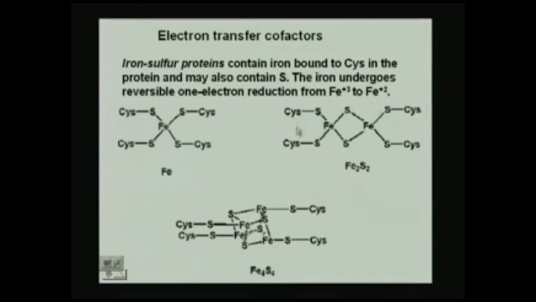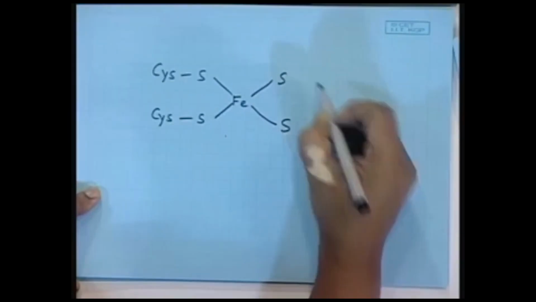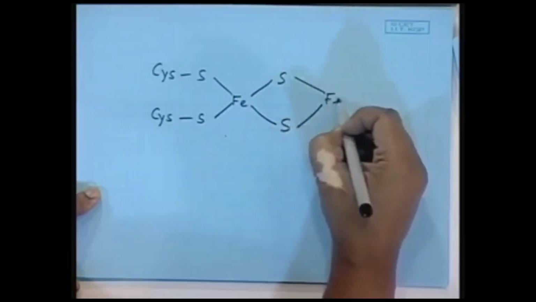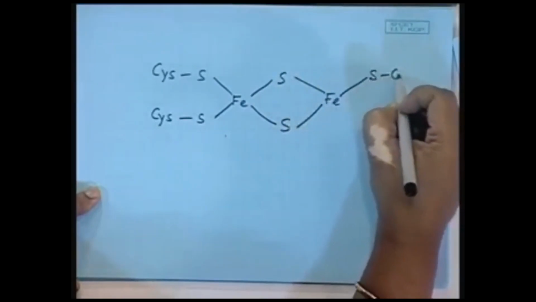For example, the one that is shown on the right hand here, you see there are 2 irons coordinated, 2 with cysteines and 2 with sulfur atoms. So, we have a structure where we have 2 cysteines which have their sulfur atoms associated with an iron atom, this again associated with another iron, this associated with the cysteines.